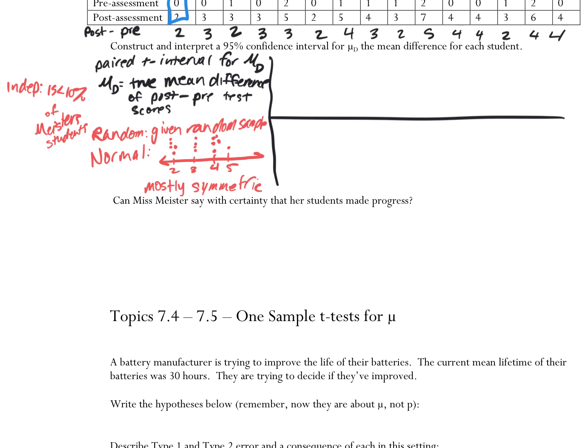All right, now what? We've checked our conditions. How do we do these calculations? What do we need to do?